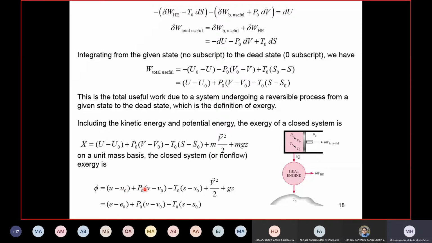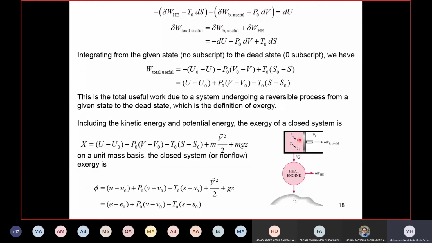Then plus P naught, the atmospheric pressure, which is always 100 kilopascal, times (V minus V naught). What is V? V is the original volume here at P and T. So if this is an ideal gas, you say PV equals RT, and then you get the specific volume. So this is the specific volume at the initial state. Then it will expand to V naught.